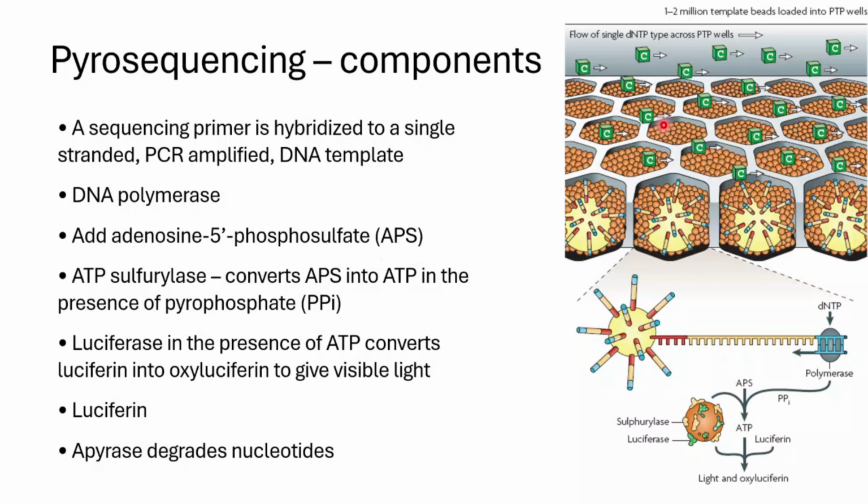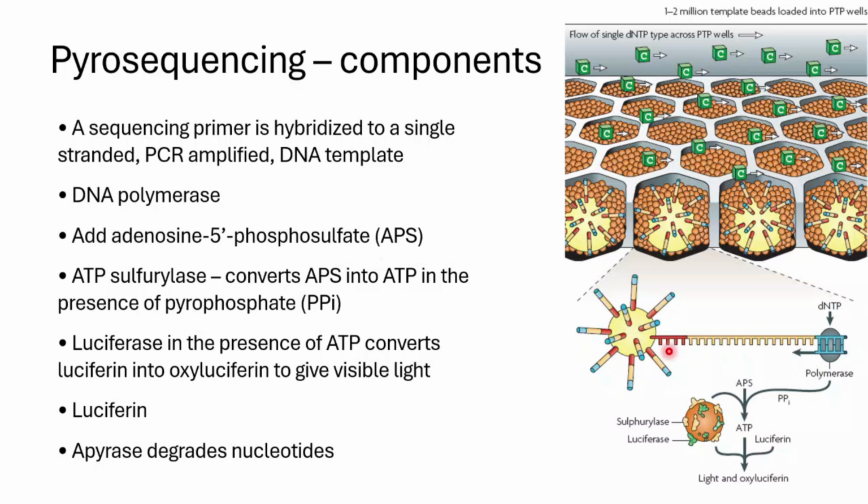This is called a picotiter plate. It has millions of different spots like this, and in each one you try to get one bead per hole. All these DNA fragments that you see here are exactly the same because they were created in an emulsion PCR step, okay?